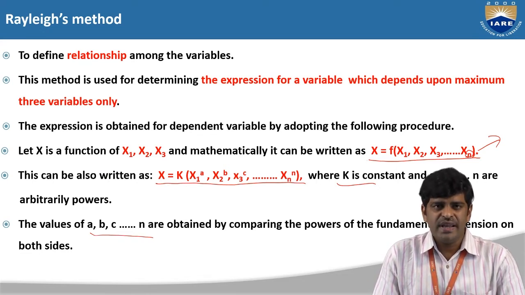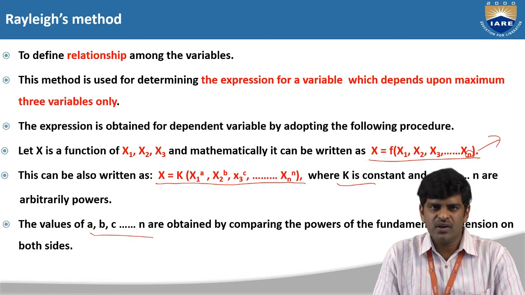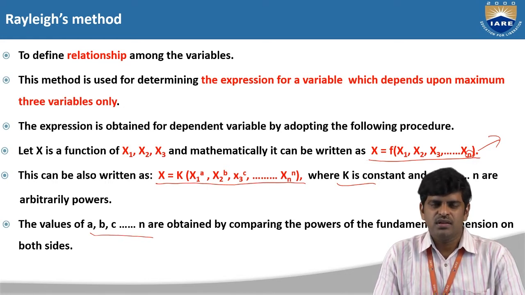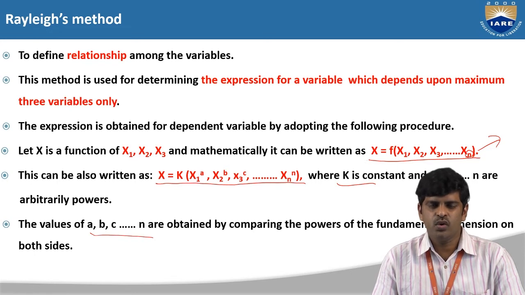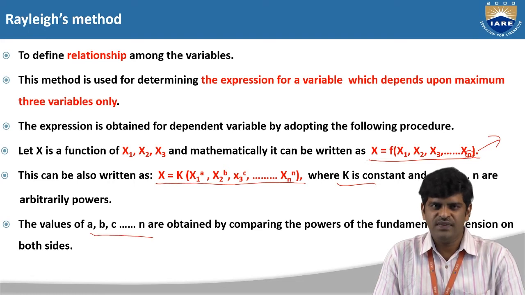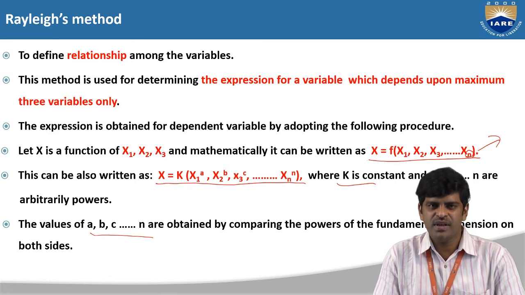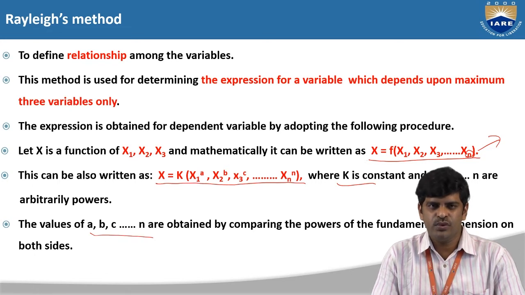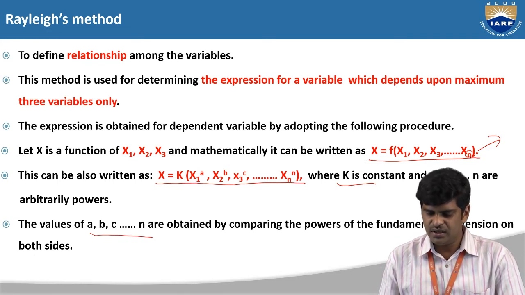Each and every term should be expressed in terms of the basic fundamental quantities M, L, T, on both the left hand side and the right hand side, and then we apply the basic condition that if the bases are equal, the powers are equal. Using that principle, we equate the powers of M on both sides, similarly the powers of L, and similarly the powers of T, so that we can generate 3 equations with the given function.